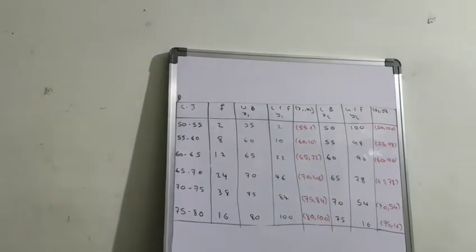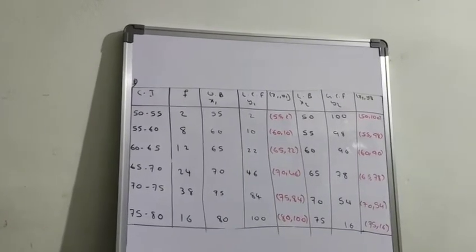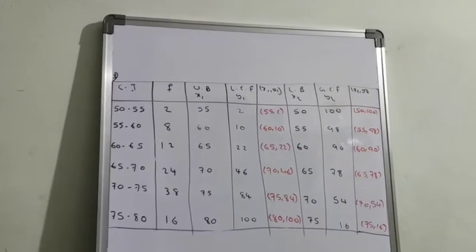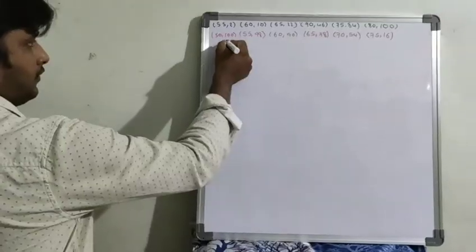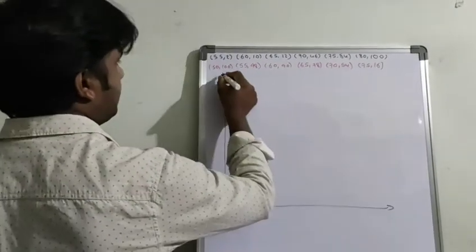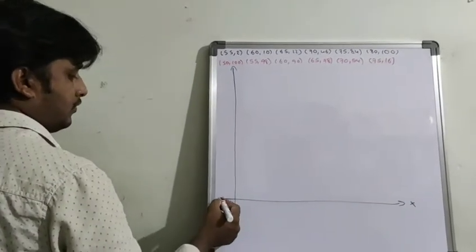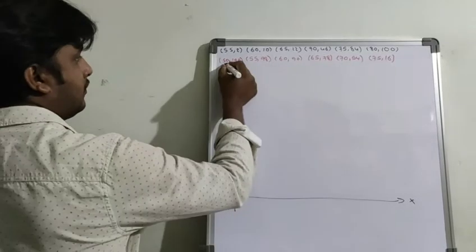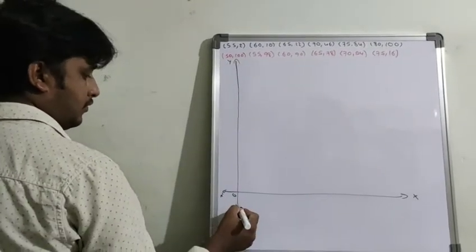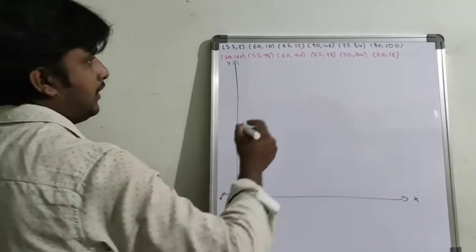So now we are going to draw the figure. Here this is the y axis, here this is the x axis. So X'OX, Y'OY. Okay, so scale.